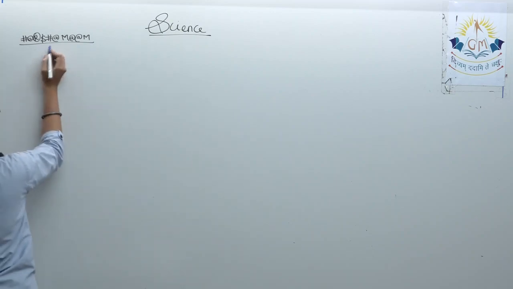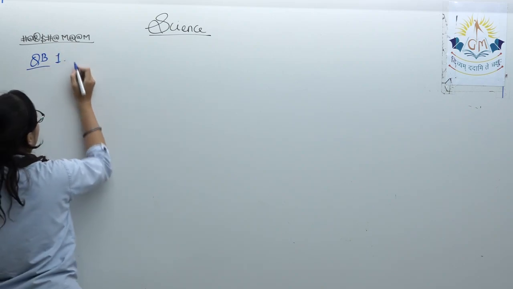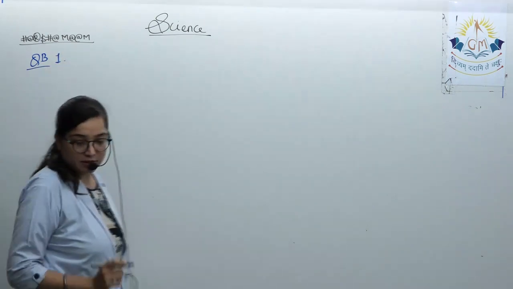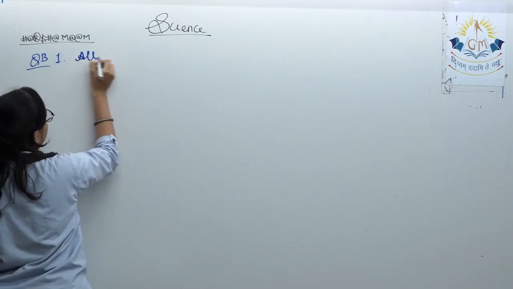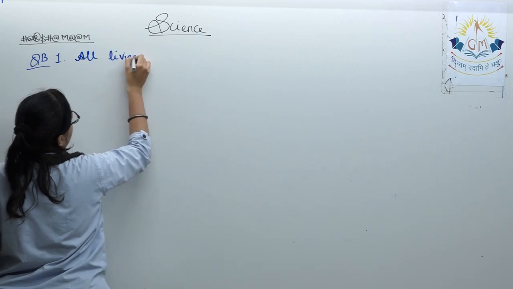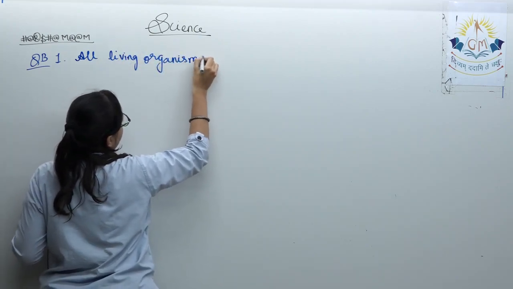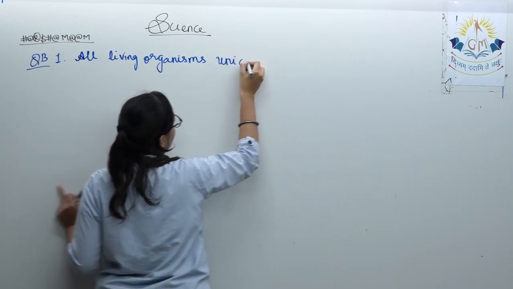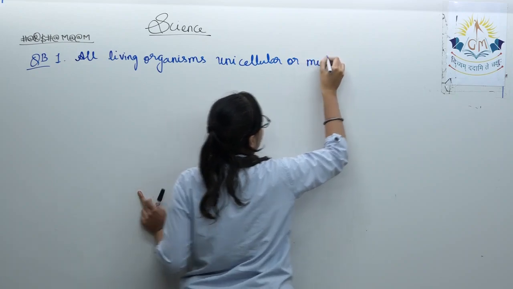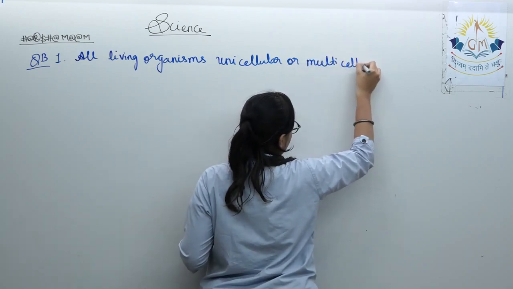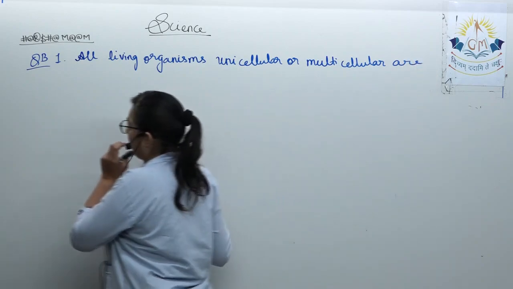Coming to question B. The first one is the cellular level of organization. All living organisms, unicellular or multicellular, are composed of cells.